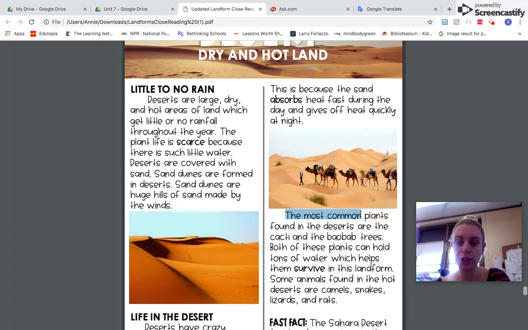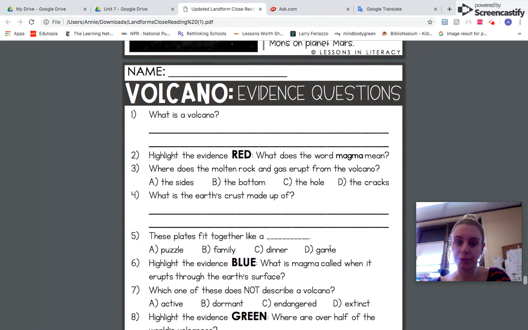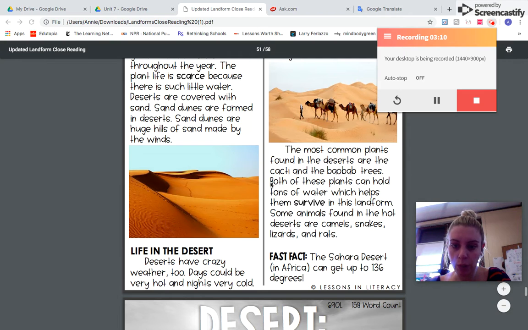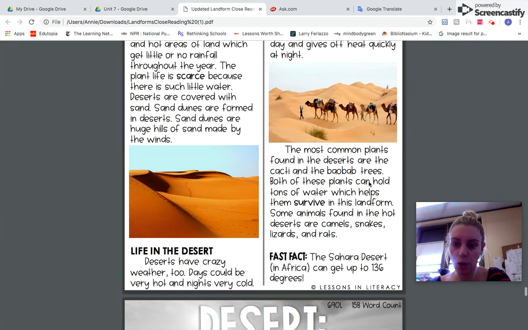So the most common plants found in deserts are cacti and baobab trees. Both of these plants can hold tons of water, which helps them survive in this landform. Some animals found in the hot deserts are camels.